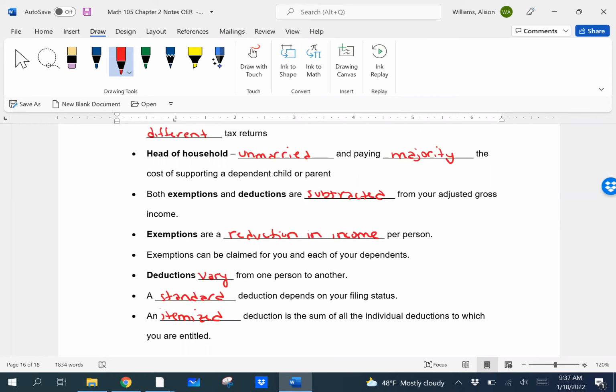A lot of people did more itemized deductions up until a few years ago. And then Trump actually raised the standard deduction, so a lot fewer people were doing itemized deductions. They were just taking the standard deduction and using that.